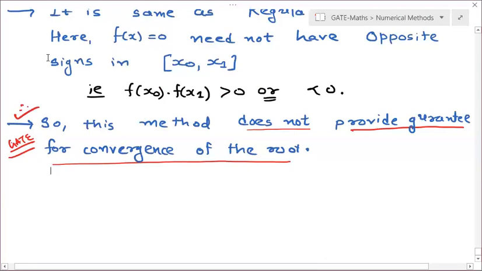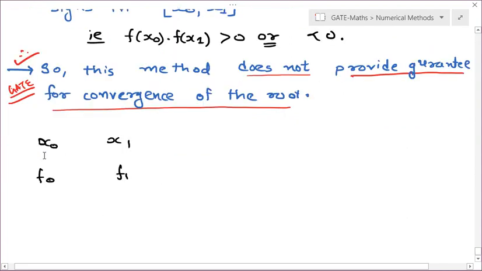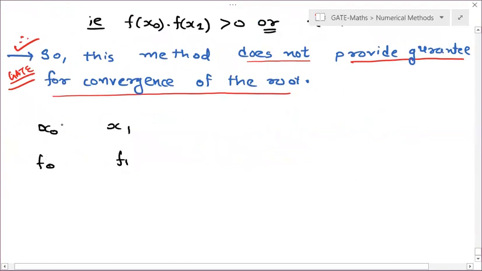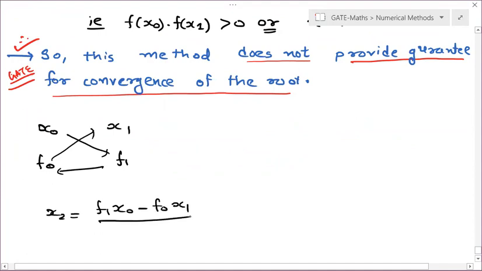Now, what is its iteration formula? Its iteration formula is the same as regular falsi only. See over here. In regular falsi, suppose this is x0, x1, f0, f1. We were applying that formula over here first, in these two. So we were getting x2 as (f1 x0 minus f0 x1) divided by (f1 minus f0), isn't it?